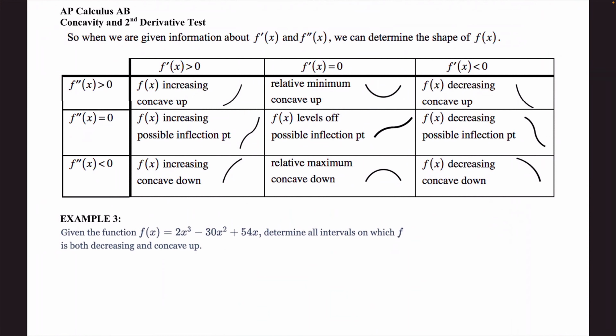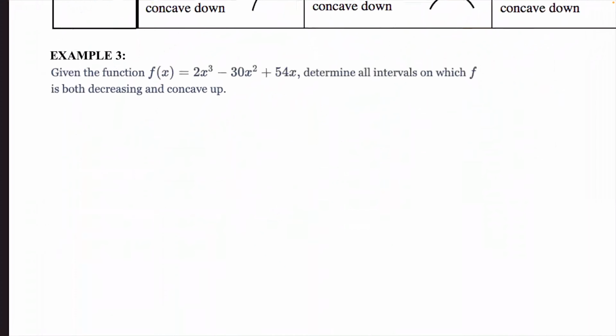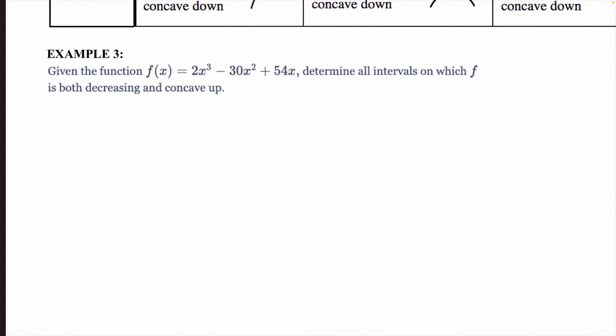All right, so let's do number 3. Number 3 is just a mix of what we did at the end of last week and what we're doing today. They want to know where it is both, so not just where is it decreasing or where is it concave up.